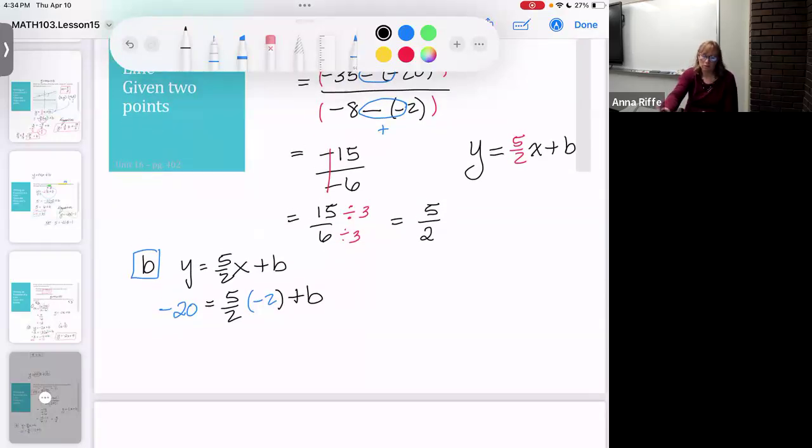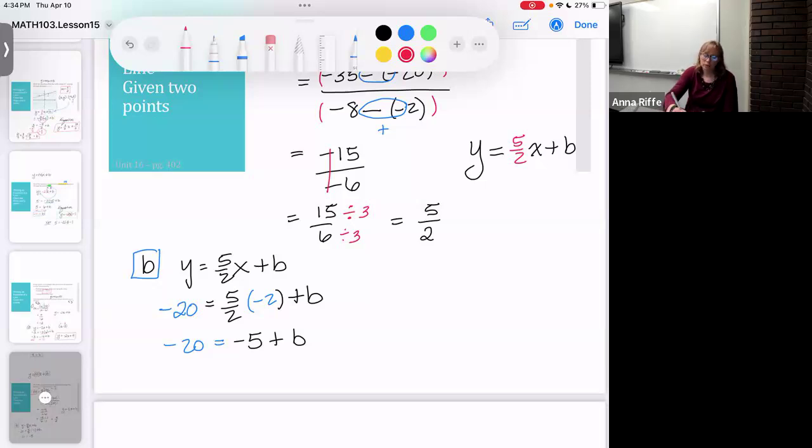We can now solve. 20 is equal to, you can do the 5 halves times negative 2 in your calculator. You will find that it is equal to negative 5. So that's nice, the whole number. That won't always happen, but it does in this case.